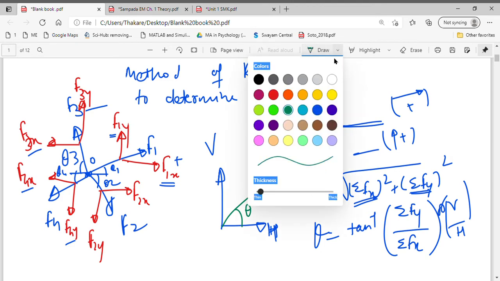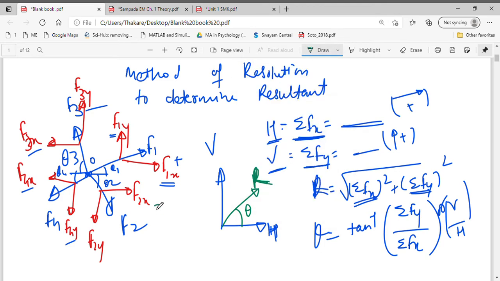F2x is also acting towards right, so that is positive. F3x is acting towards left, so that will be negative, and F4x is acting towards left, so that will be negative. So you have F1x plus F2x minus F3x minus F4x, that will give you the summation of forces in X.